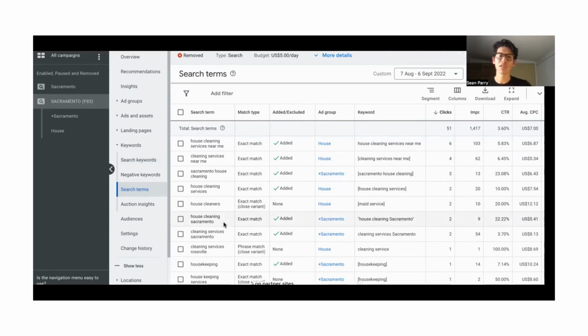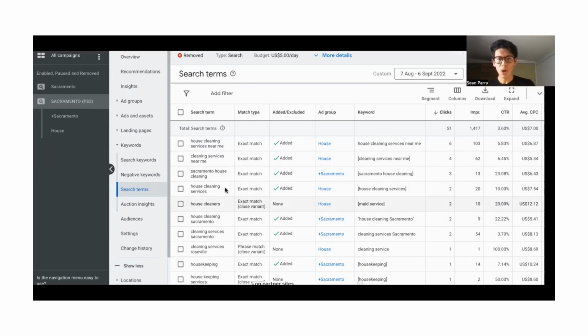Generally, whenever you see a service on its own, house cleaning service, residential cleaning companies, they're a group of very good keywords, very good search terms. If you see a location, a geo attached to it, so cleaning services near me, Sacramento house cleaning, if there's a location included in the search term, that is another example of a really, really great search term.